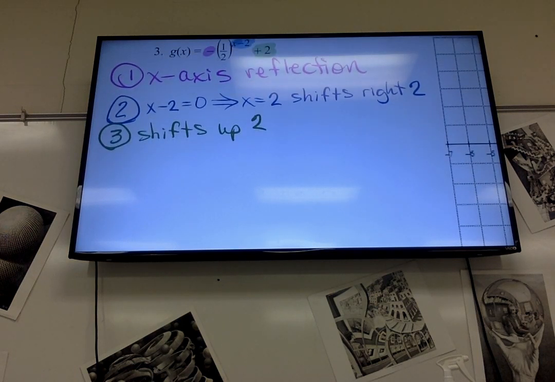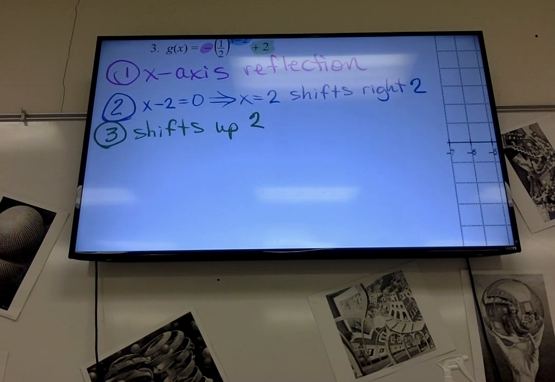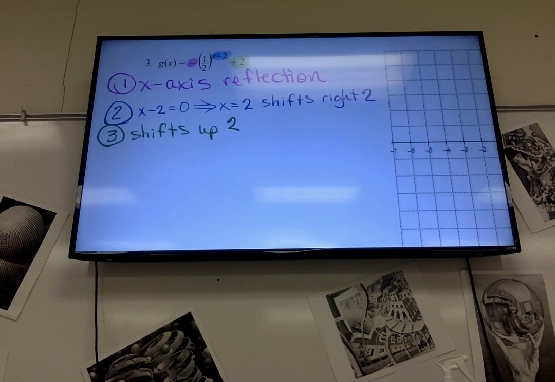Okay, so looking at those things, we know that this one is 1/2 to the x. That's just your basic decay that we had earlier. And that's your x and y.